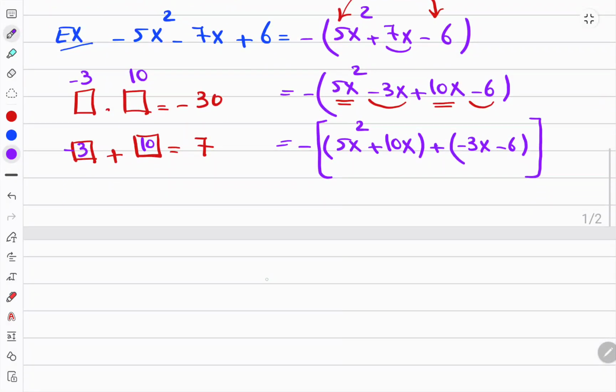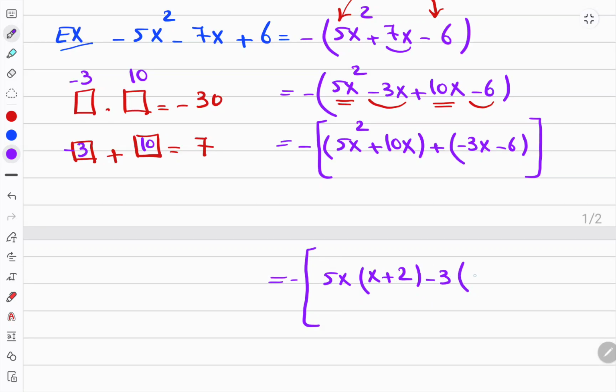And now for the first one, 5x squared and 10x, the common factor is 5x. So x plus 2. Plus, for negative 3x minus 6, I'm going to factor out negative 3.